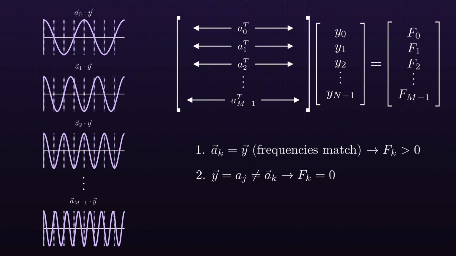And 2, when we compare against analysis frequencies that have some other value than the original signal's frequency, we should get a corresponding dot product of 0 to signify that there was no contribution of those frequencies to the signal. And lastly, we would like this transformation to be reversible. Given a frequency representation of the signal, we'd like to exactly reconstruct the original time domain signal.